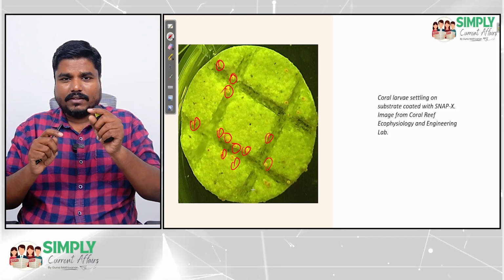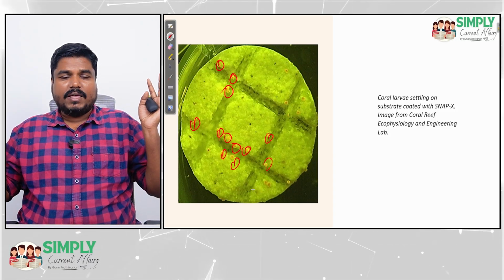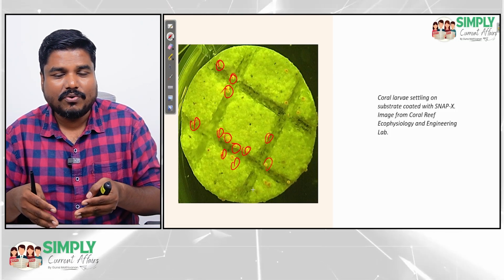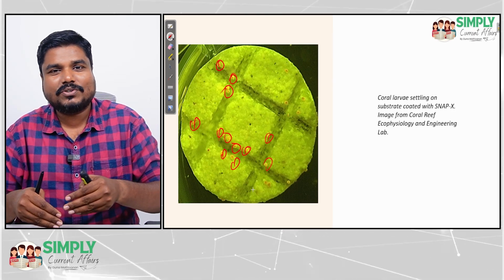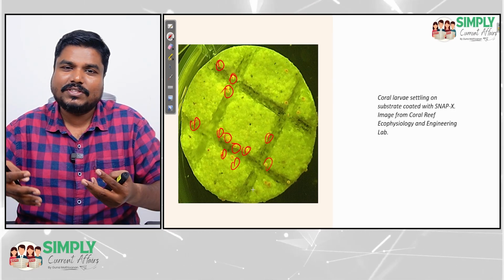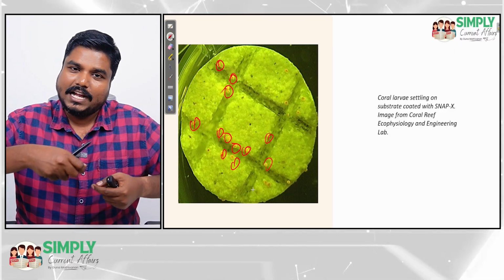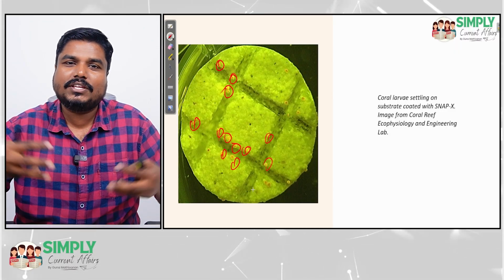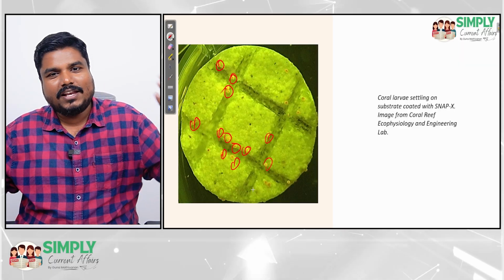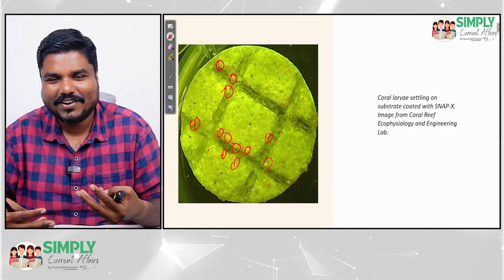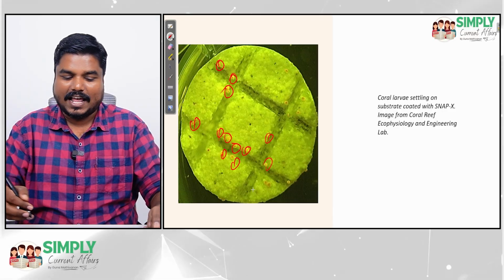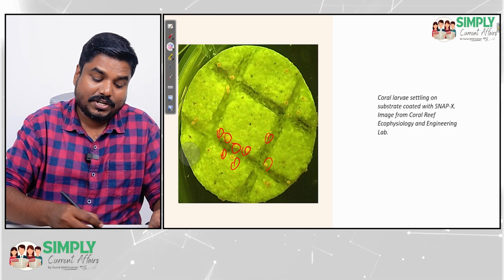The coral larvae found in the oceans will be attracted towards the damaged corals, and over the damaged corals they will start building, so that over a period the damaged corals can be strengthened, they will start growing, the corals will be restored, and it will become a house for millions of species. So this is how SnapX can help in restoration of corals.